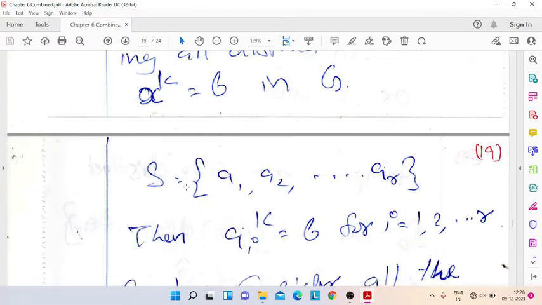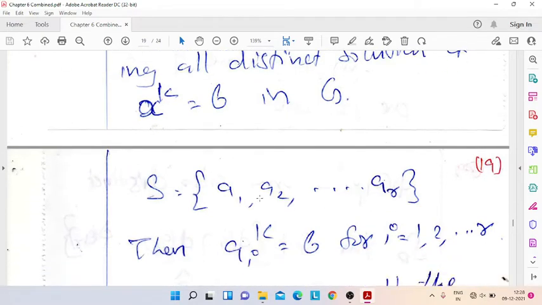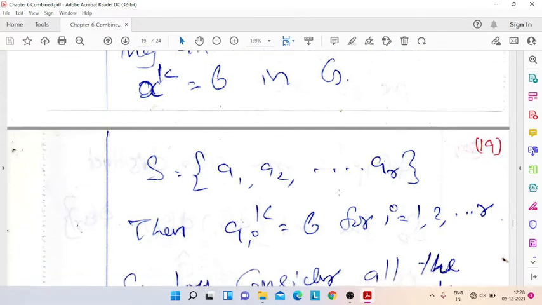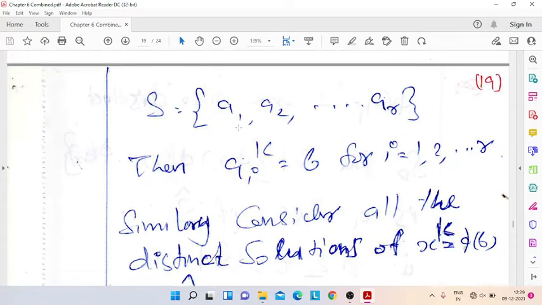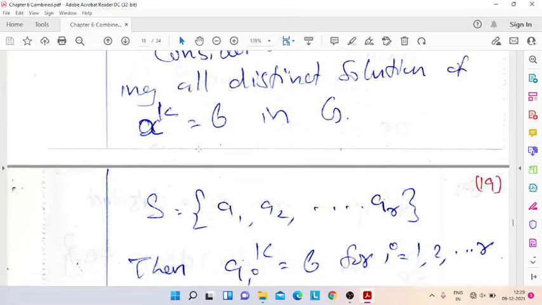Then assuming that there are r distinct solutions, S is equal to the set a1, a2, etc. to ar. We list the solutions, and then we can substitute these solution values in the equation x raised to k equal to b.